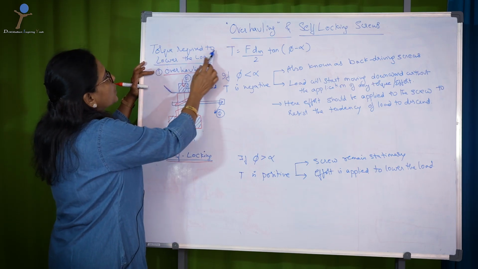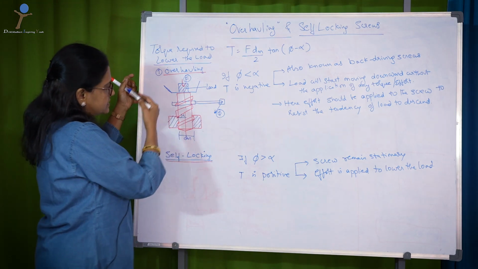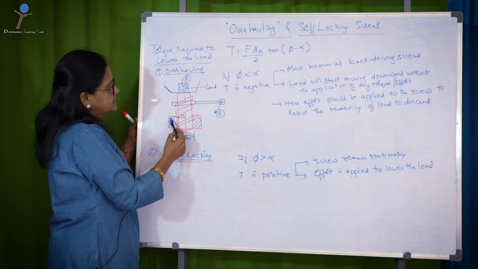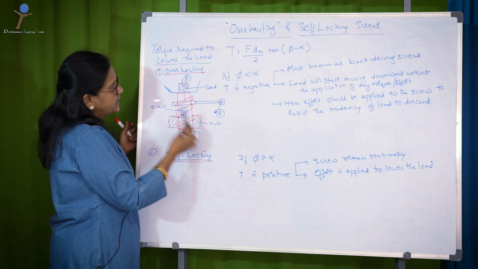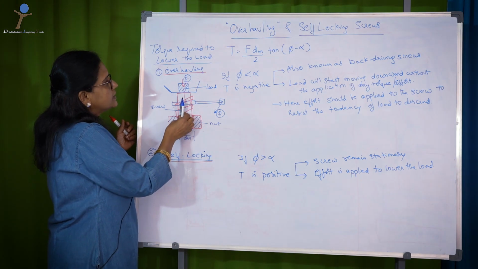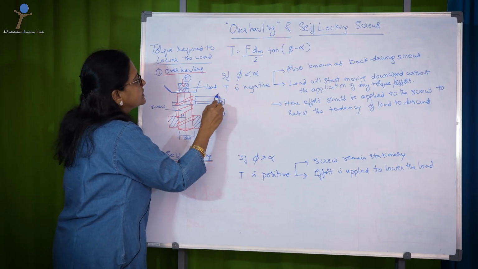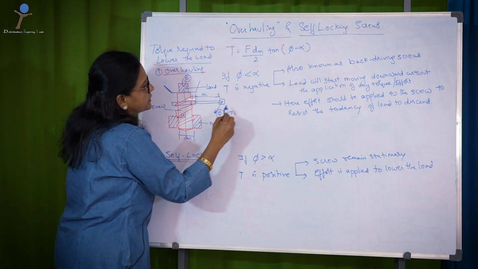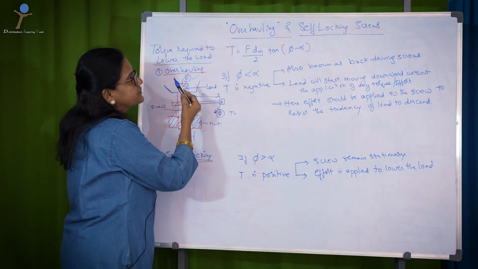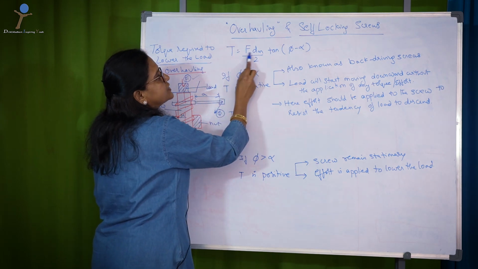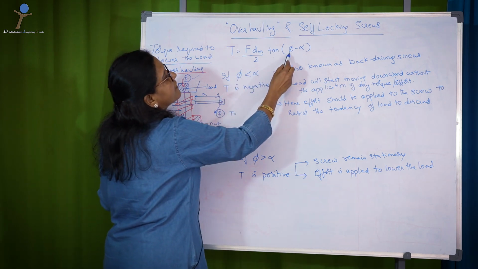Now, if you know the torque required to lower the load, as we have just recalled, this is a screw, this is the nut, screw and thread, and once you rotate the screw, the load may rise or lower. So, the torque required, as I said, can be in terms of force, that is the weight of the load, expressed as F into dm by 2, where dm by 2 is half the mean diameter, the radius, into tan (phi minus alpha).